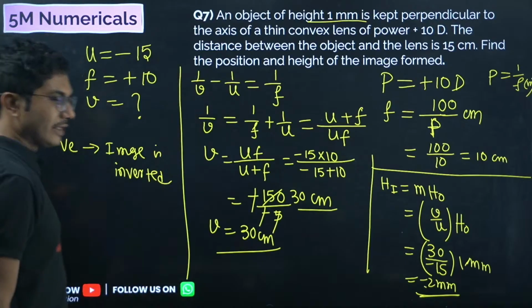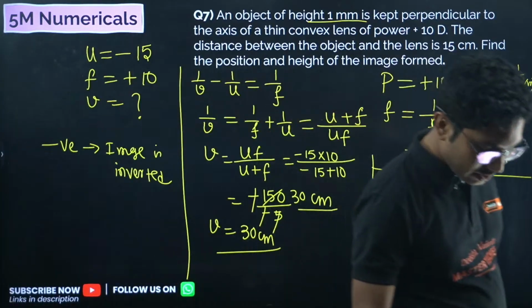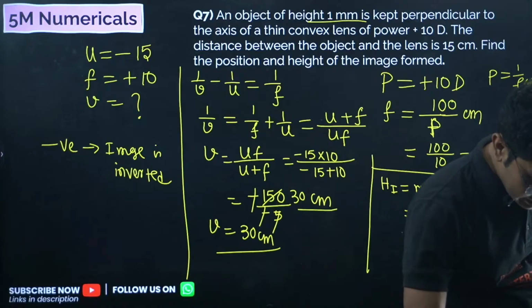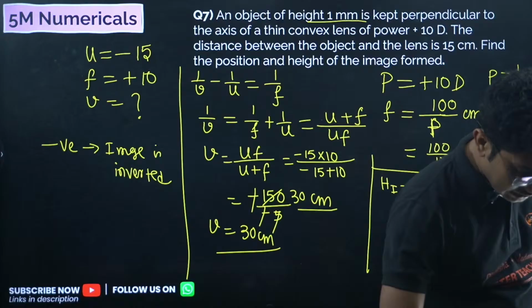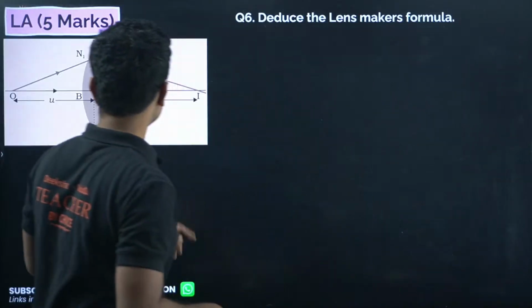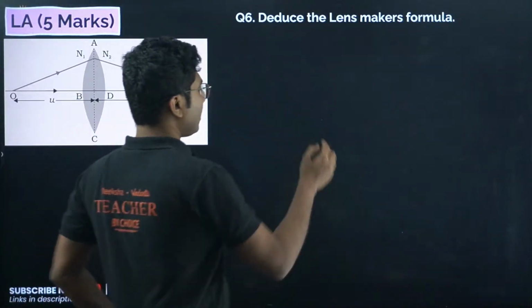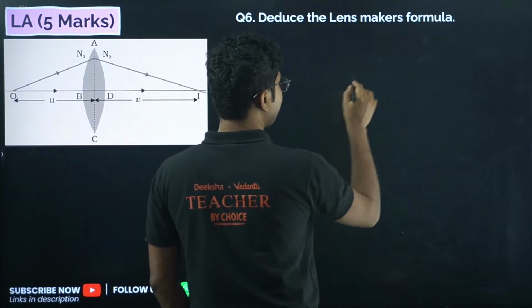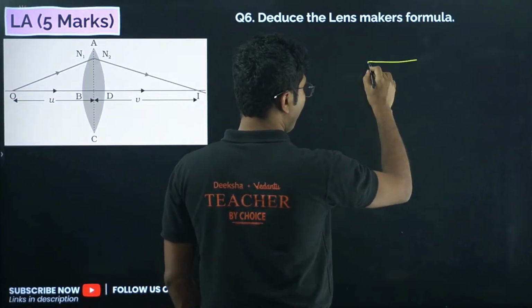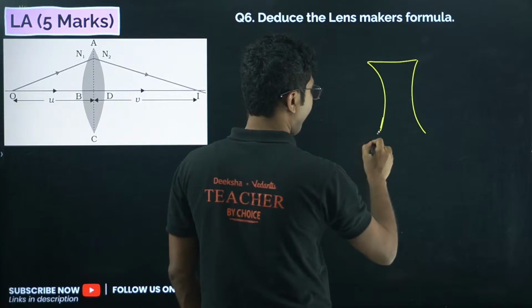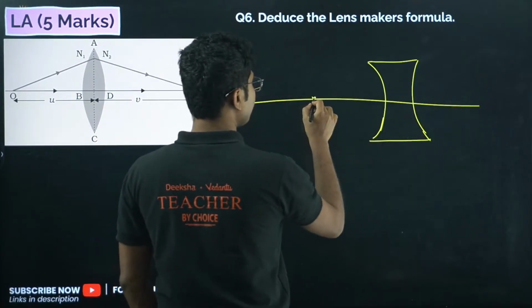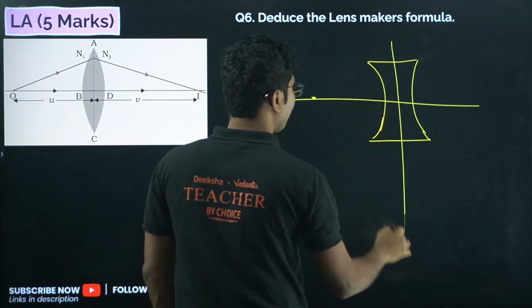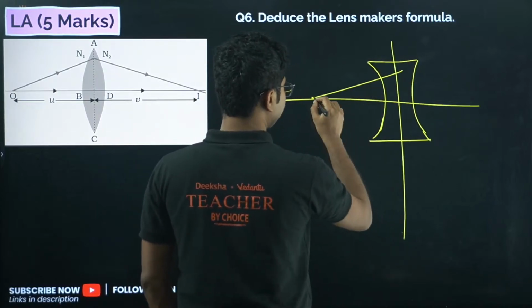If you have any doubt in this, if the same 19th question is asked for a concave lens, what would be the answer, sir? Let me show you. Suppose the same 19th question where it says concave lens. Here we have a point source, and the ray of light is falling on the concave lens.